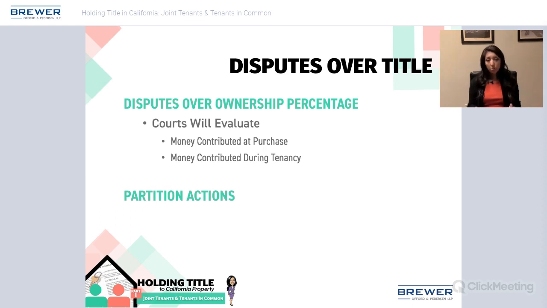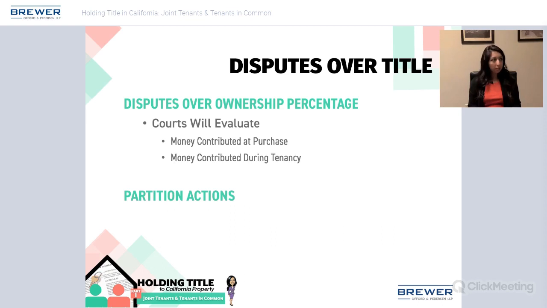That's pretty much what's been going on, not necessarily changing the deed to ownership interest, but making a demand for repayment to resolve whatever dispute there is. Now, if that doesn't get resolved because parties want more information or it's just too soon or whatever, then you have a partition action.